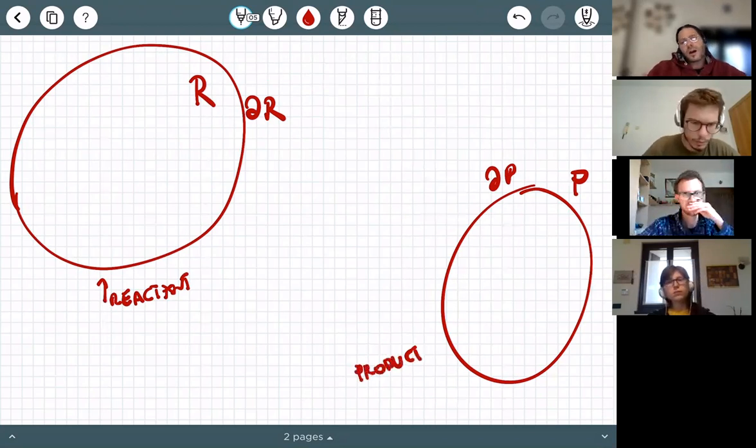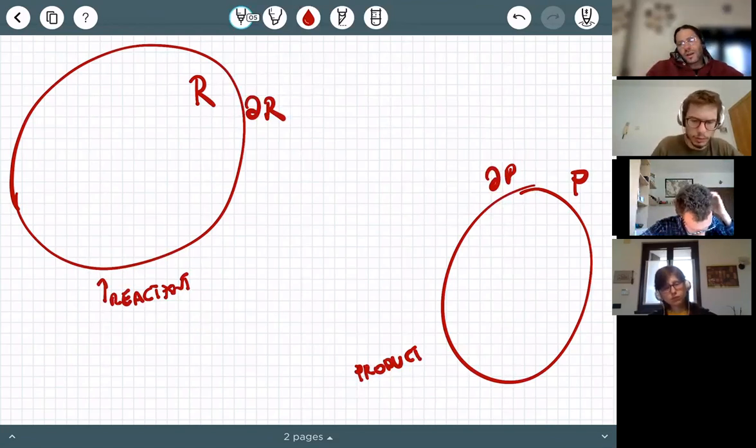Now, these definitions are completely general. So I don't need these reactants and products in principle to be associated with basins. However, of course, the whole architecture will turn out to be useful only if reactant and product are metastable states.